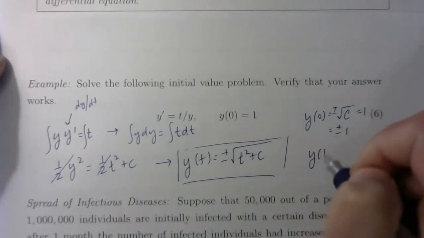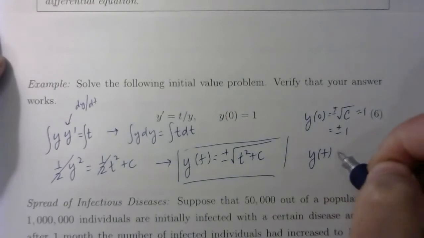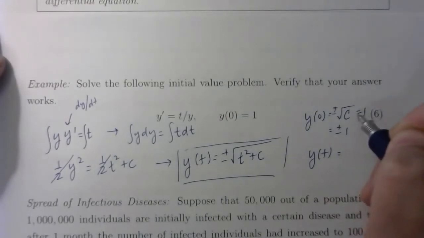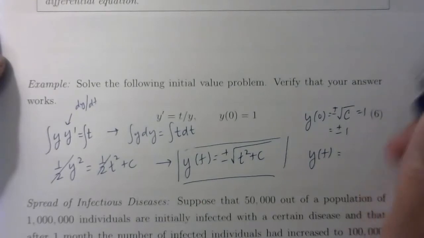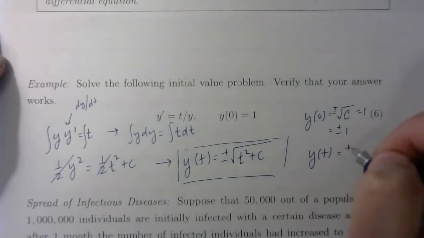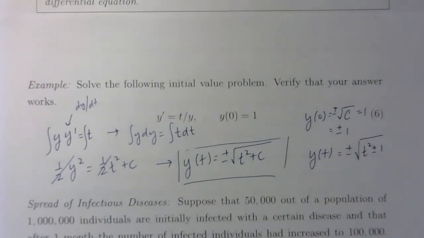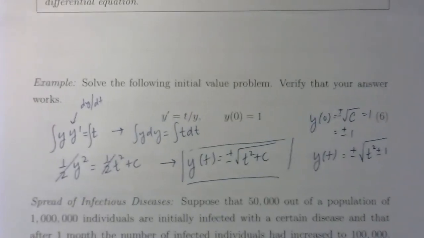So we have y of t is c, so plus and minus 1. Yeah, that's fine. It's going to be plus and minus the square root of t squared plus and minus 1. So whatever these functions are. Great, so these are nonlinear equations that I do know how to solve.